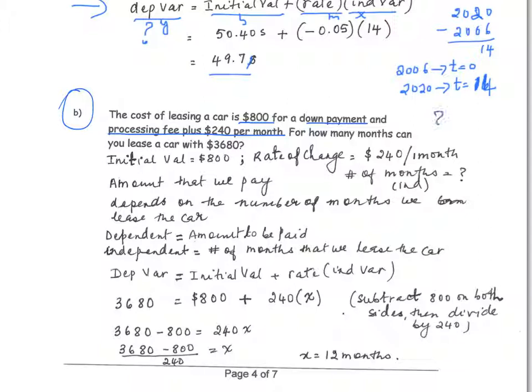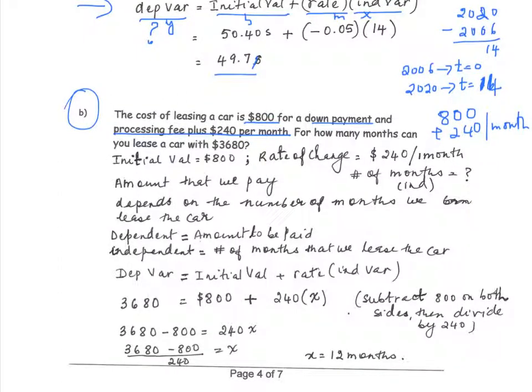So it's $800 plus 240 per month. That's going to be your cost of leasing this car. So we can take the initial value to be 800. The rate of change would be $240 per month.